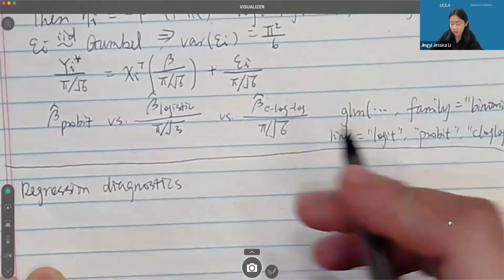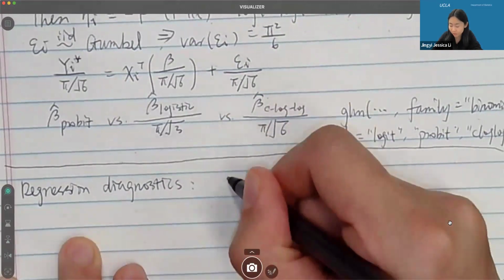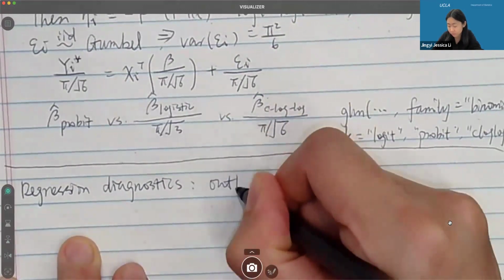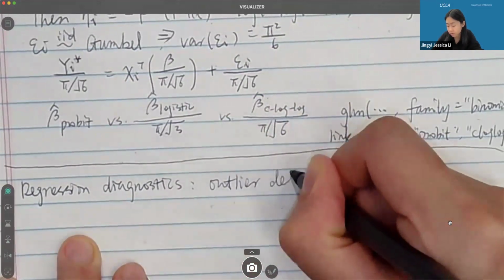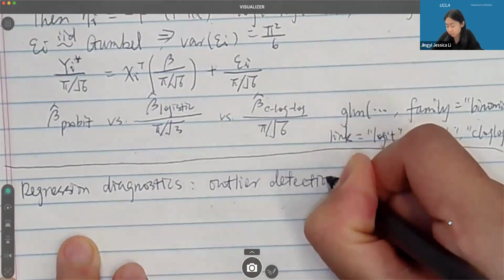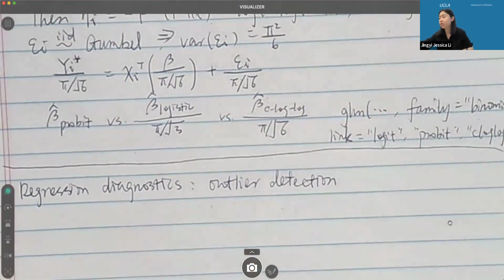It is basically outlier detection. You want to see whether some data points have large influence on your model, and whether you have good justification to not include those data points. That's what we mean by outlier detection.